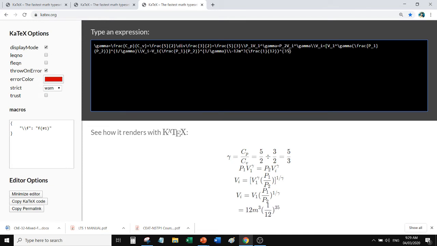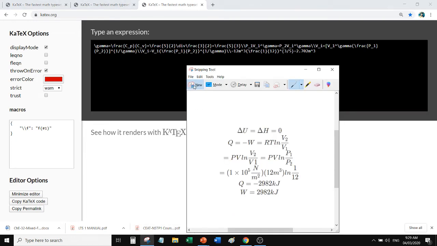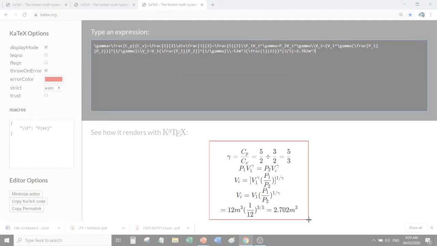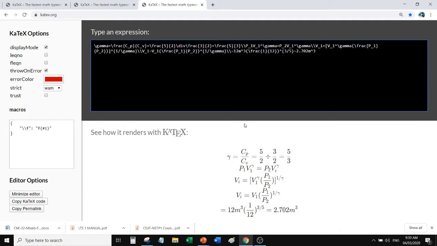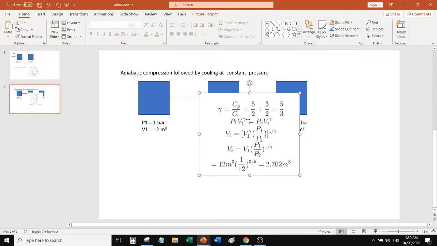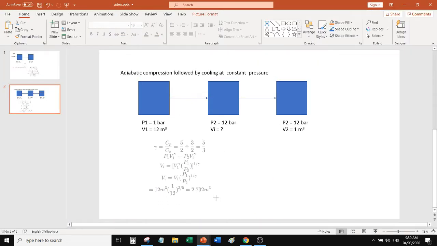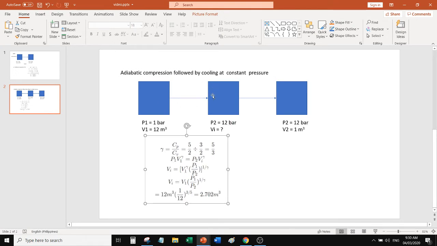The reciprocal of 5 over 3 is 3/5. And we'll get 2.702 around this value. Okay? So that's the intermediate volume. We're not finished yet because we're still here at step 1. So we just solve Vi.